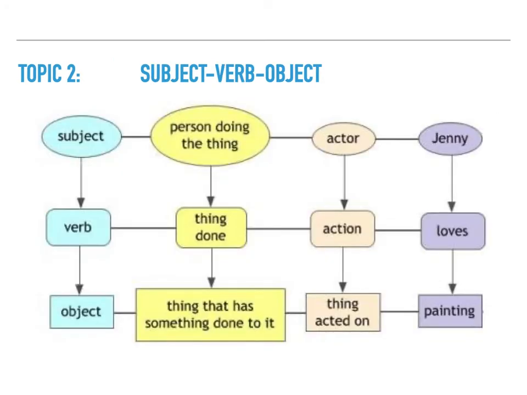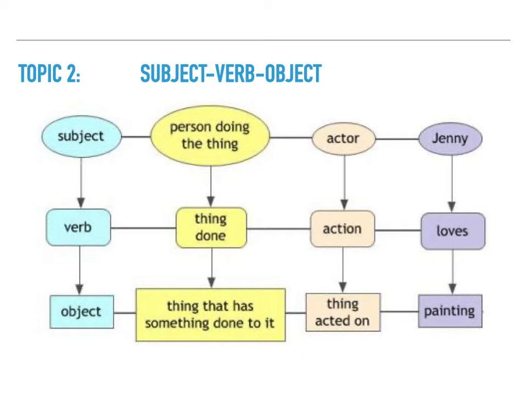This is again the composition: subject, verb, and then object. Subject, the person doing the thing. Verb, the thing done, the performance. Okay. And next is the thing that has something done to it. Object, receiving an action.